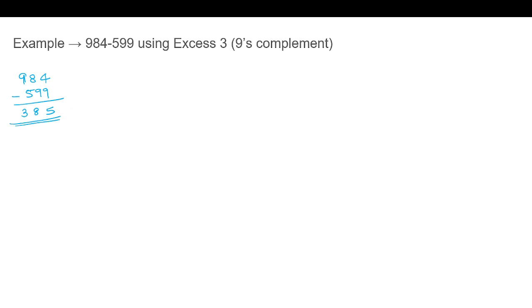But if we want XS3, this will be the XS3 values. Now perform the addition.